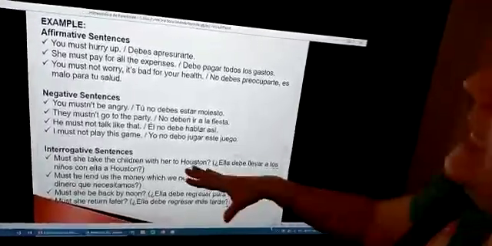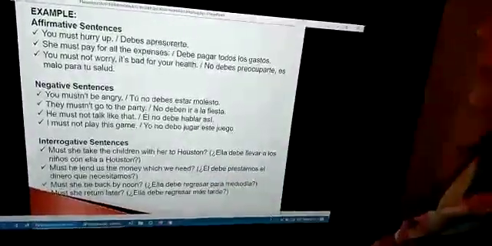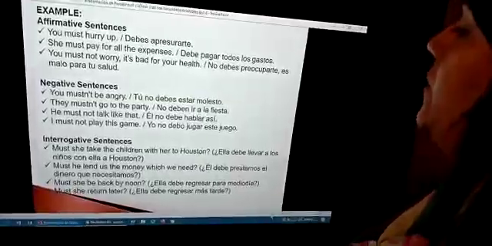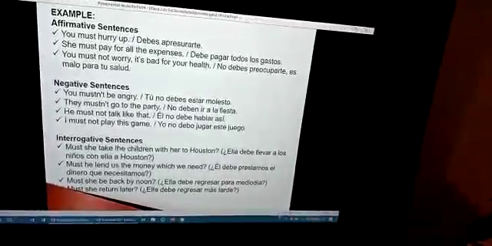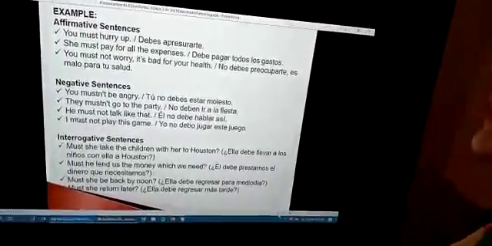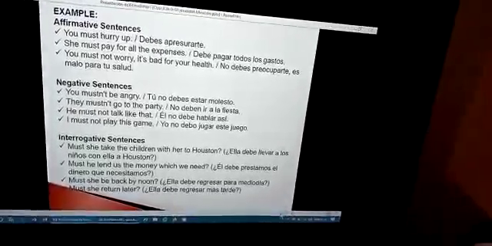Next, let's see the interrogative sense. This is the question in English and Spanish. Number 1 is, must she take the children with her to Houston? In Spanish, ¿ella debe llevar a los niños con ella a Houston? Number 2, must he lend us the money which we need?